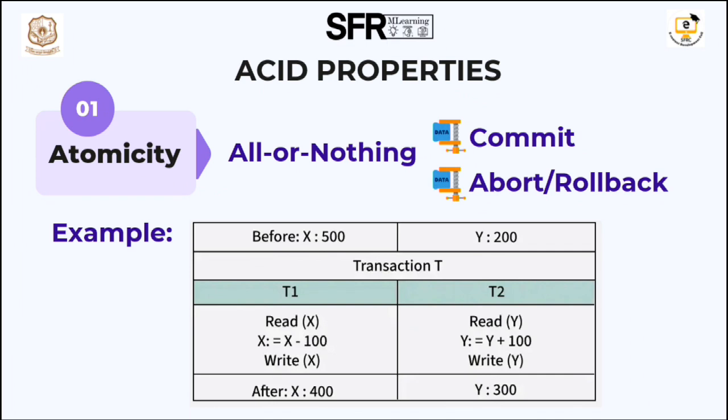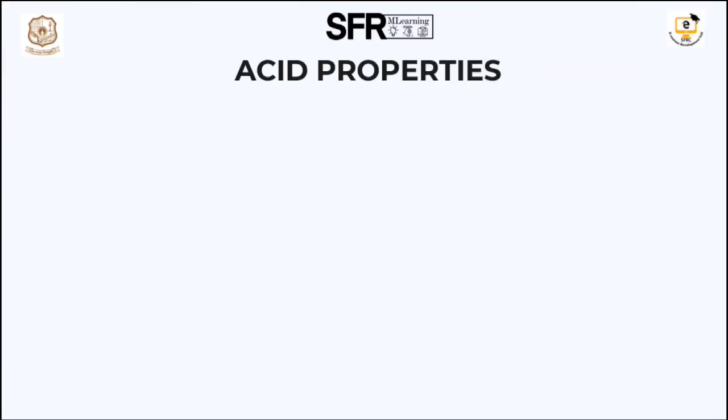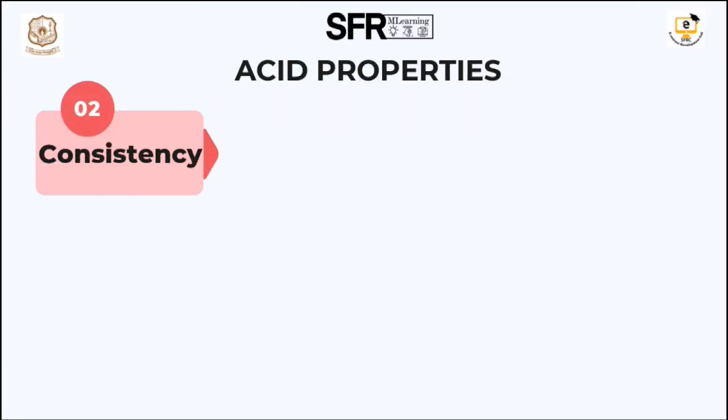The next property is consistency. Consistency means that the database must remain in a valid state before and after a transaction.